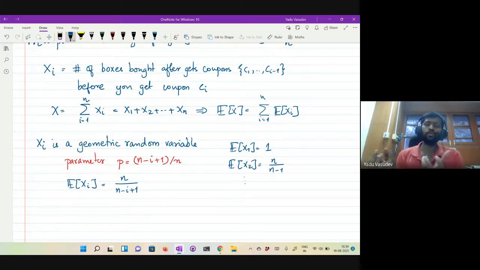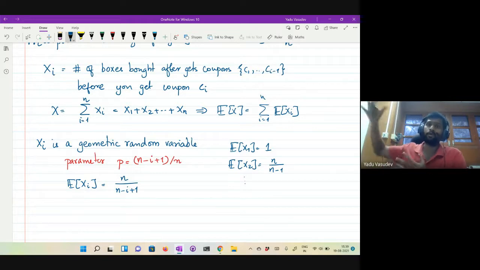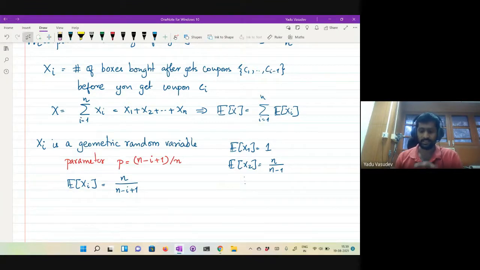So if you buy a new box, you are likely to see a new coupon. Whereas as you go towards n, you would have seen a lot of different coupons. So the chance of finding a new coupon is less. Therefore, you need to do many more trials before you actually see the new coupon. So that is captured by this equation. So this is in that way reasonable to understand. Sort of like a sanity check. So it makes sense in some sense.